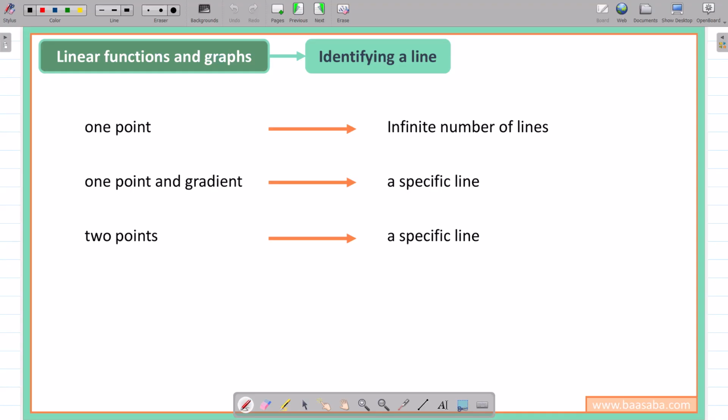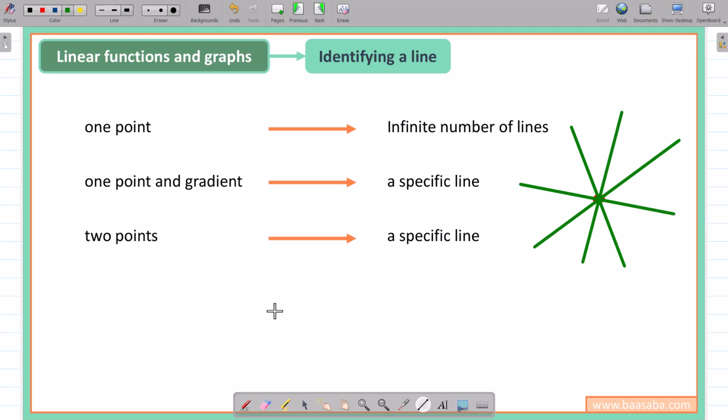If we have 1 point, we can pass an infinite number of lines through that 1 point. Here is my 1 point, and as I said, an infinite number of lines can pass through it.